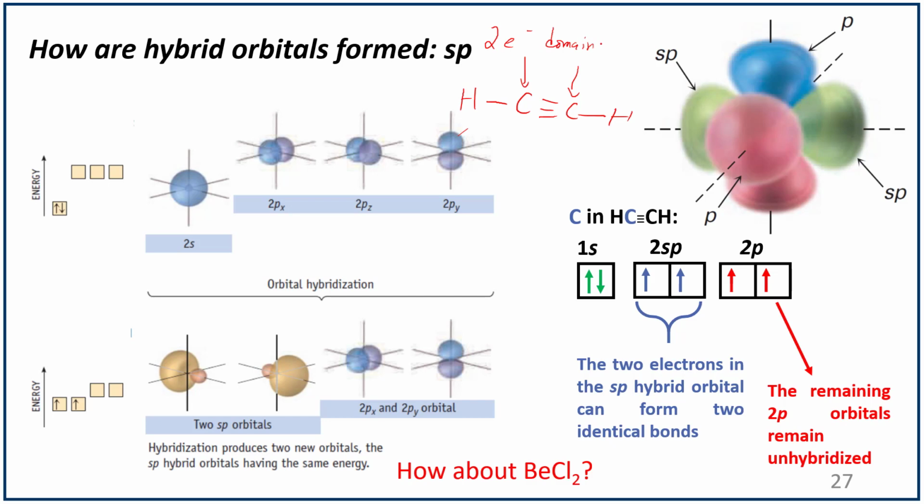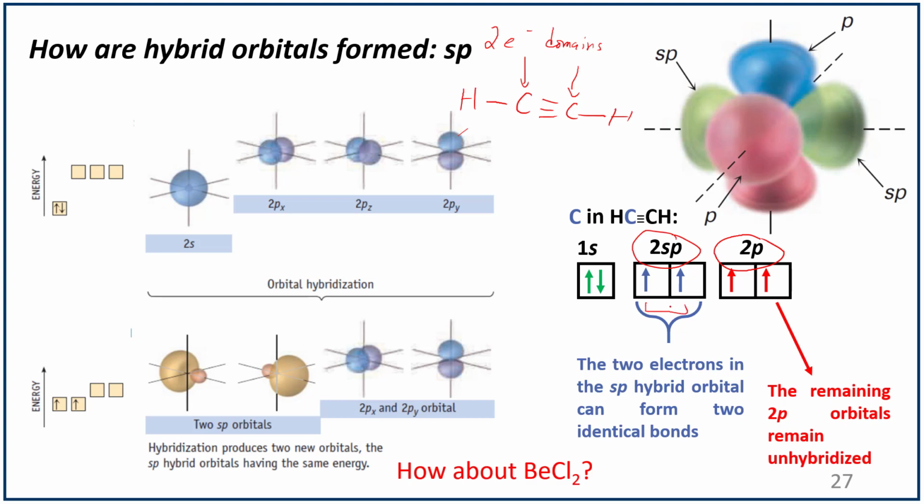Now, if you have 2 electron domains, and all of them are bonding, then according to hybridization rules, you should have an sp hybridized atom. For this one, note that this is actually the combination of one 2s orbital and one 2p orbital, at least for carbon. That leaves you with 2 unhybridized 2p orbitals.